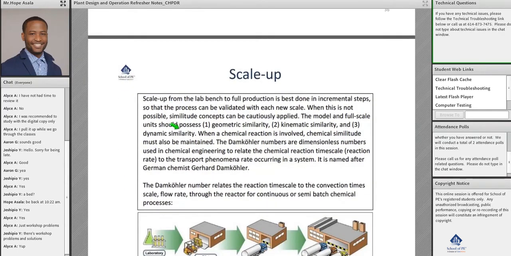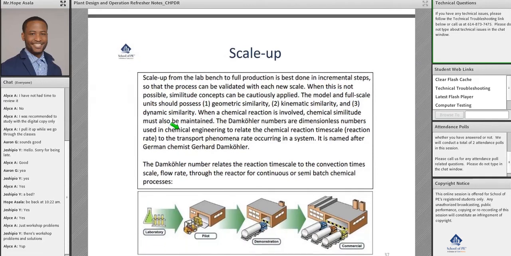So, scale-ups. I think we have a short problem on this, but scale-up is a very important concept in chemical engineering. Personally, people have classed this topic under similitude concepts. Scale-up is something that most plants do in their inception phase. They have a pilot plant, as you see in this diagram.